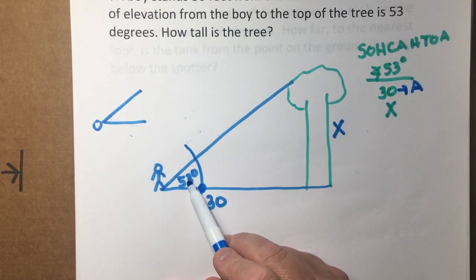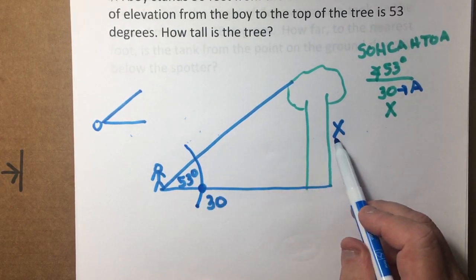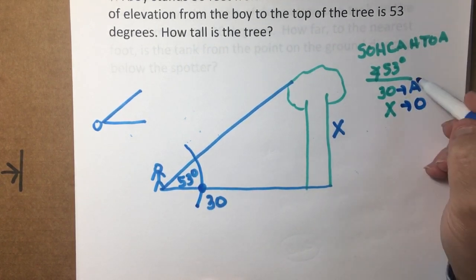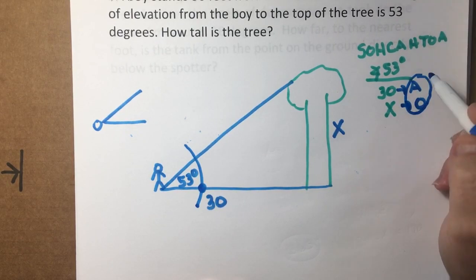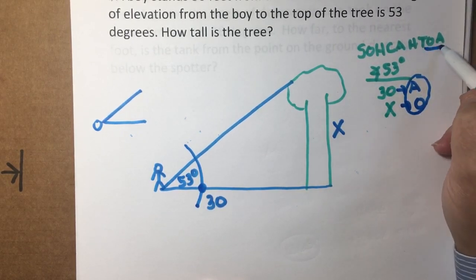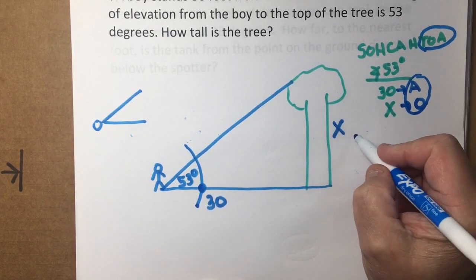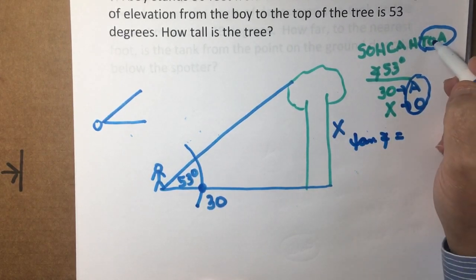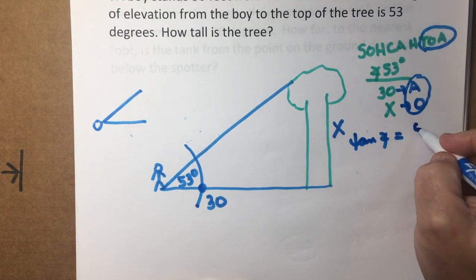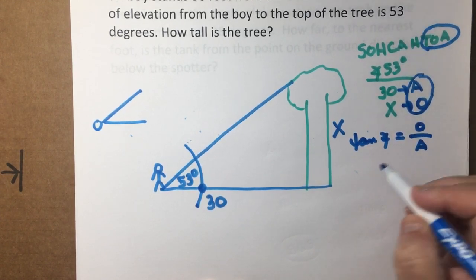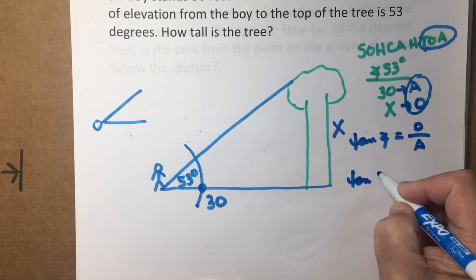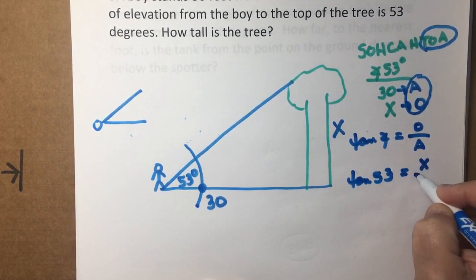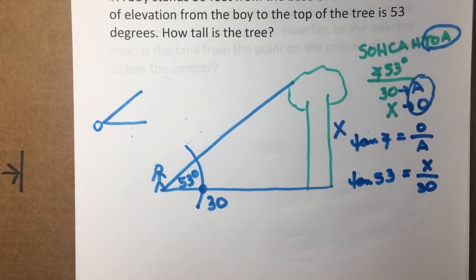If I'm standing here at the 53, the X does not touch. That means it's the opposite. Now see which trig function has A and O. Well, A and O would be tangent. The tangent of an angle, go by the spelling in the acronym, is O over A, opposite over adjacent. The tangent of 53 is X, the opposite, over 30, the adjacent.